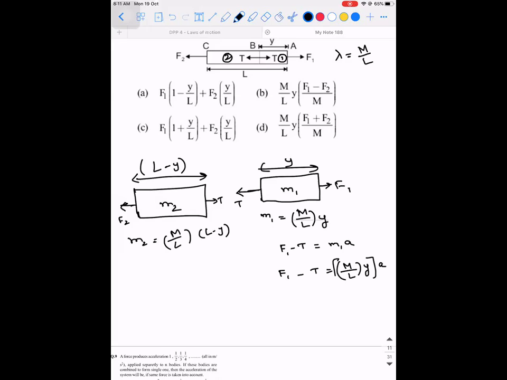What about the second case? T minus F2 is equal to capital M by L into L minus Y into A. Accepted? So find out the A value. Once you find A, substitute it in any one of the equations and that will give you the answer. Can you guys do it fast and tell me what is the answer?